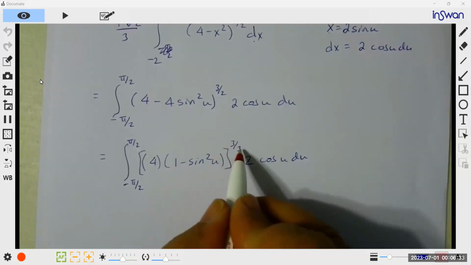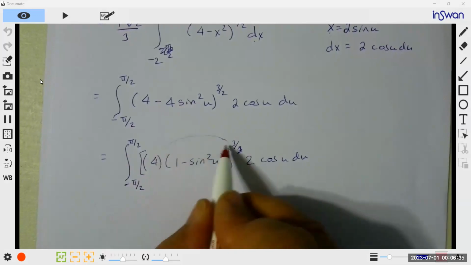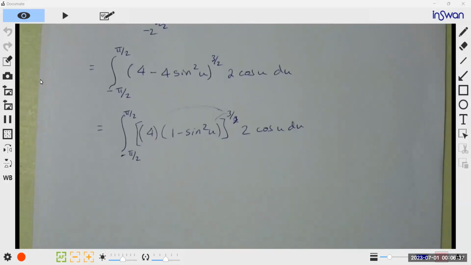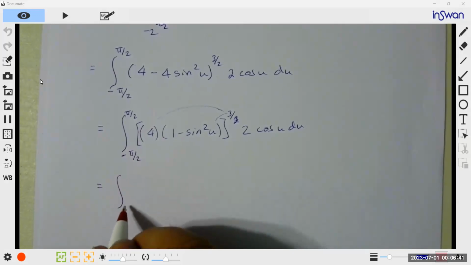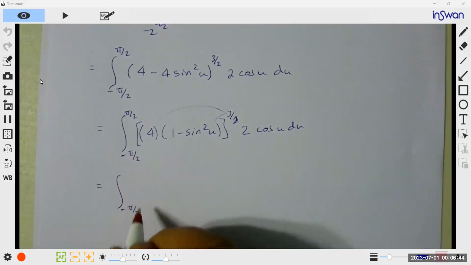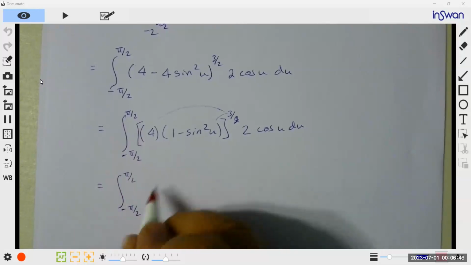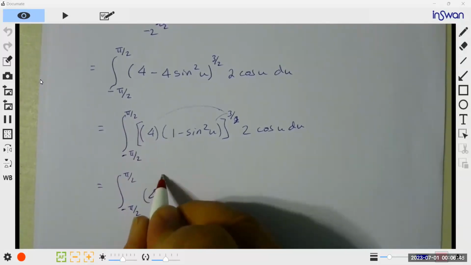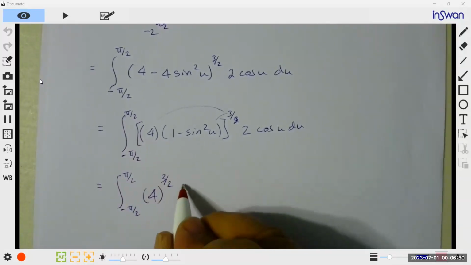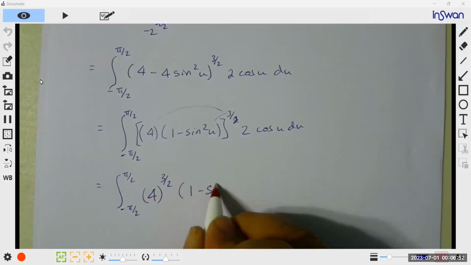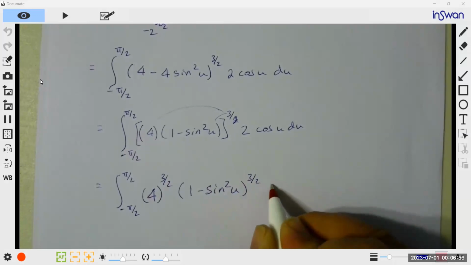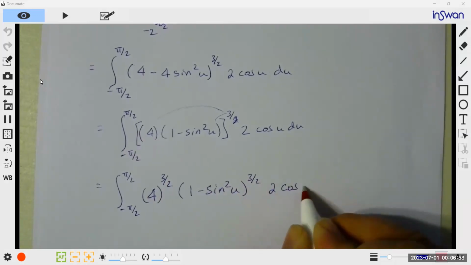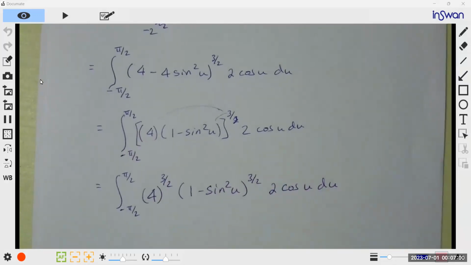So now I could distribute that 3/2 exponent to both terms. So we have 4 to the power 3/2, 1 minus sine squared u to the power 3/2, 2 cosine u du.